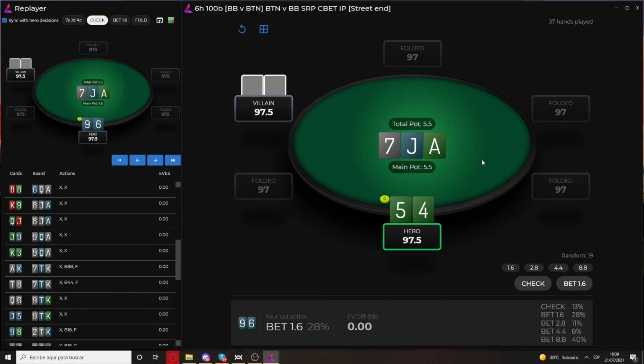Here we do have the 2 fairly good backdoor straight draws, the backdoor flush draw, and the blockers are, I think, nice.